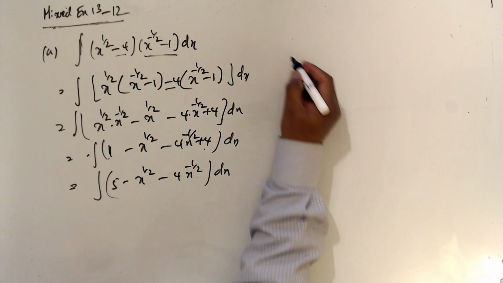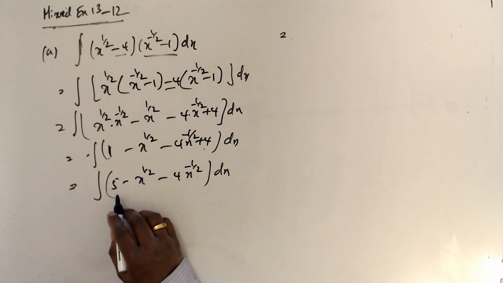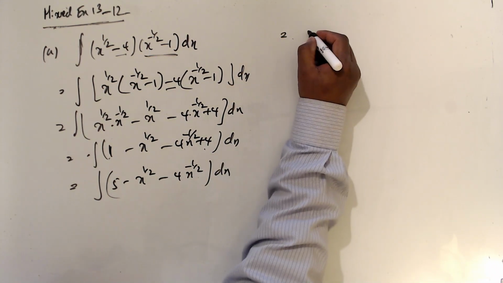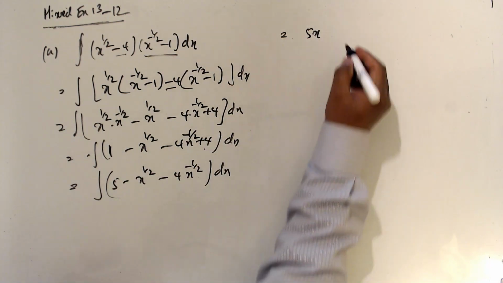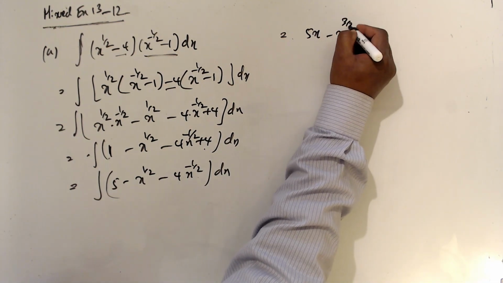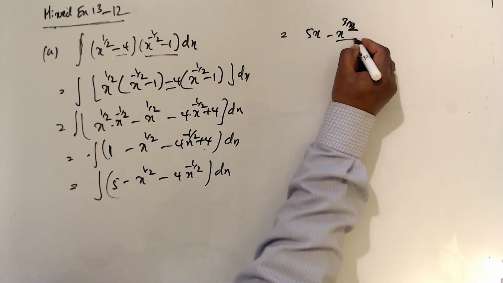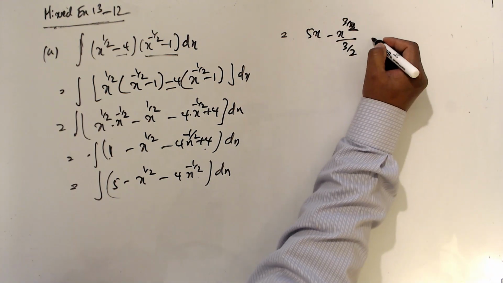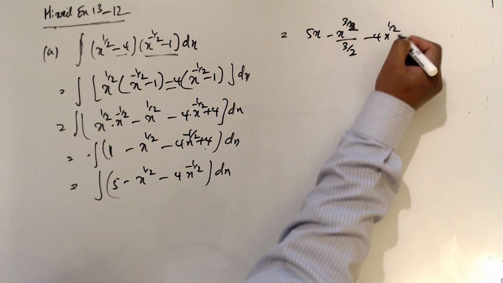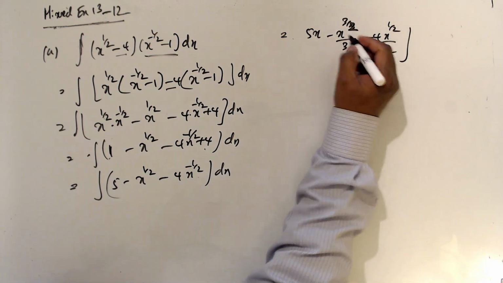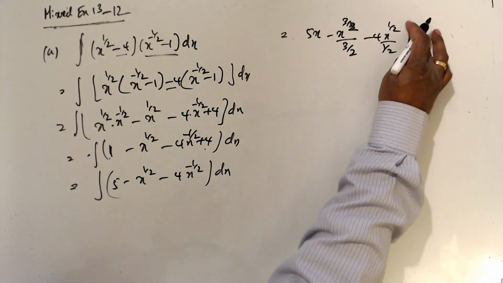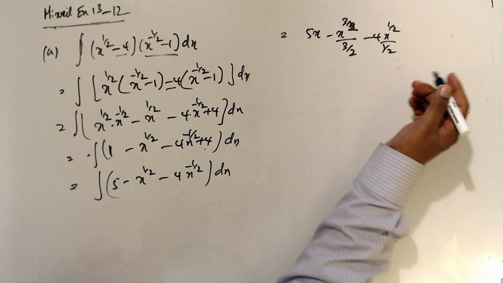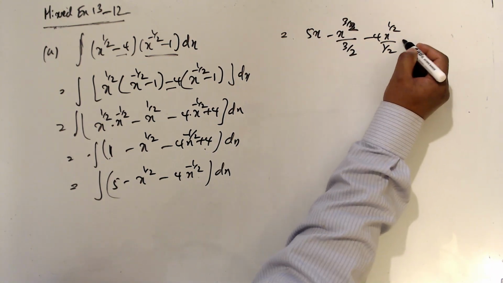Now I want to evaluate, integrate this one. So this is going to be 5x, minus x to the 3 over 2 divided by 3 over 2, minus 4x to the half divided by half, plus c.